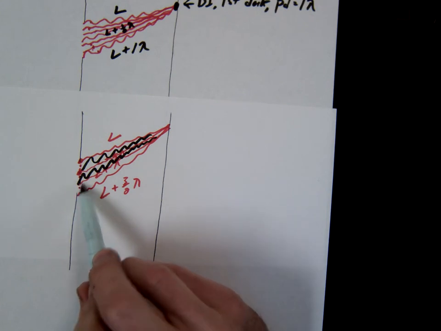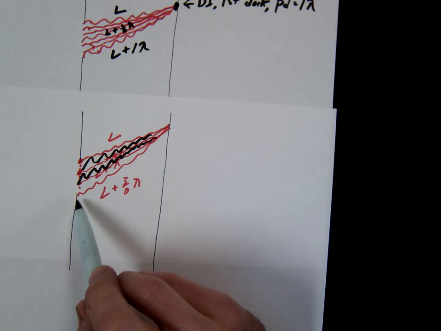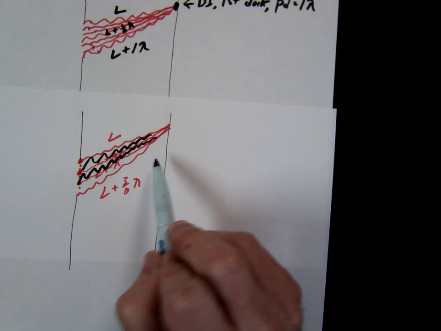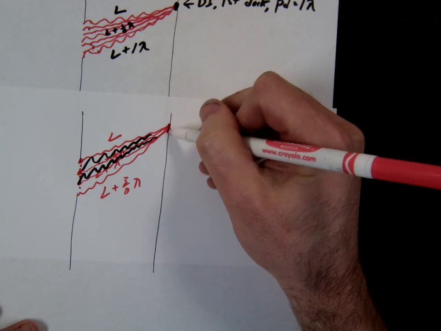If I go to L plus 1, well, remember I already canceled that out. So if I go L plus a little bit more than 1, do I have L plus a little bit more than 1 plus a half? No. So the whole bottom third remains. There's no corresponding cancellation for the bottom third. So what you're left with is a relative bright spot.